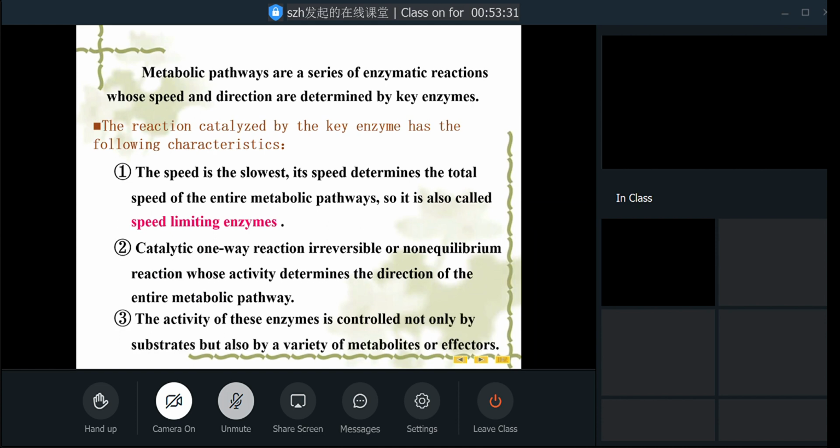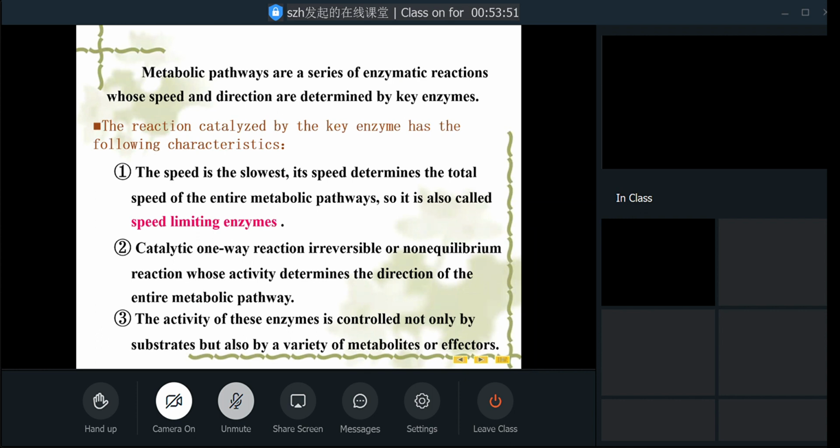Another characteristic is that the activity of these enzymes is controlled not only by the substrate, but also by other metabolites and effectors. Also, the enzymes can be regulated.